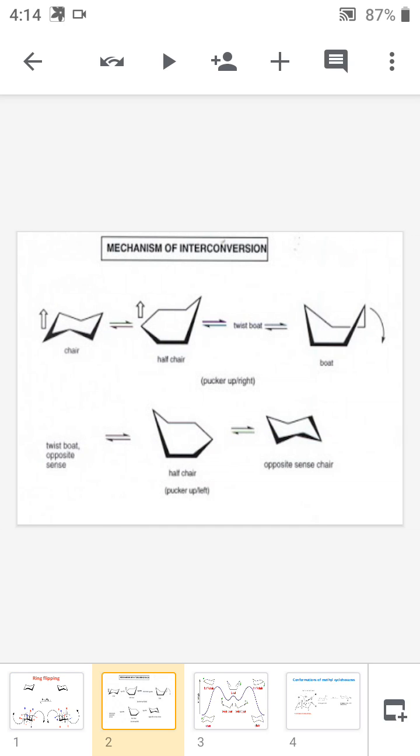First of all, the chair form is converted into the half chair, and this conversion exists in an equilibrium. You know that the chair form is devoid of angular strain, steric strain, and torsion strain, whereas the half chair has torsion strain, steric strain, and angular strain.